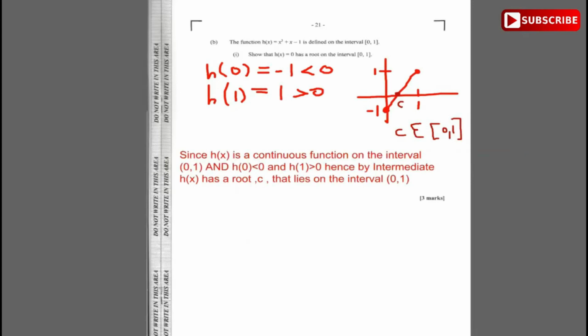Let's continue with this question now. It says, use the iteration of x n plus 1 equals 1 over x n squared plus 1, with estimate x1 being 0.7 to find the root of h correct to 2 decimal places. Let's tackle this easy question.